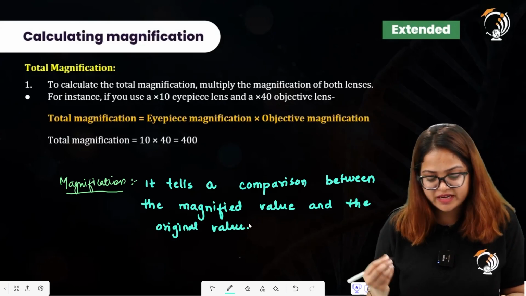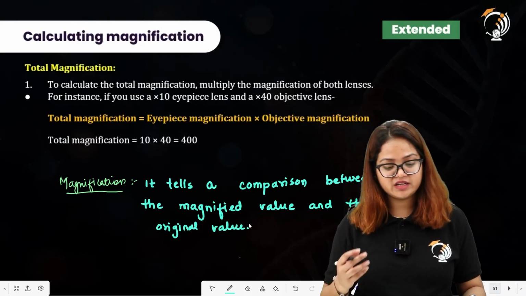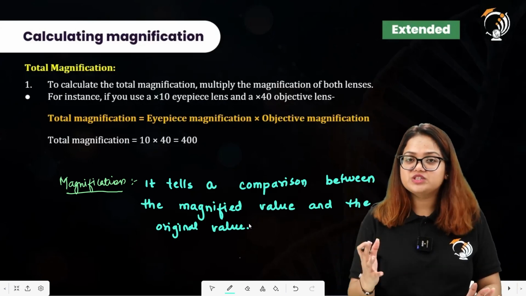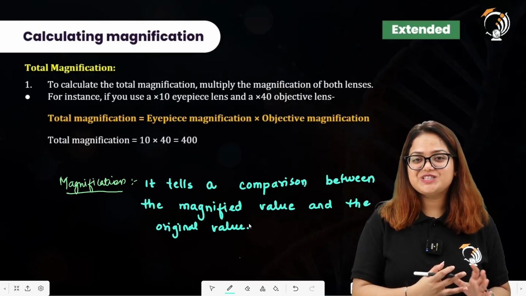Or you can also say that magnification tells us how many times larger the image is when compared to the actual size of the cell.